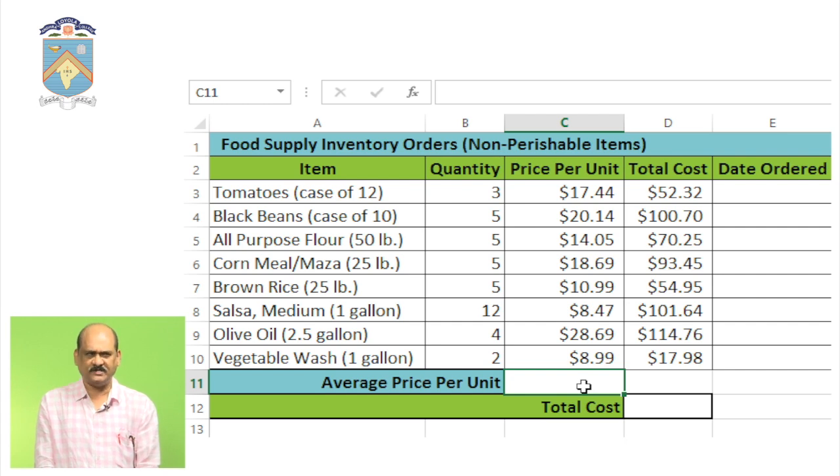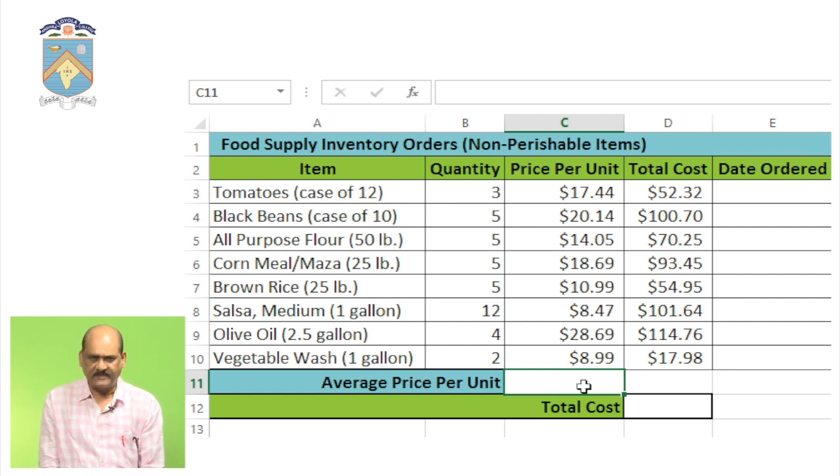The total cost is the multiplication of quantity and the price, and you get 52.32 as the total cost. All of these 8 items, quantities, prices, and the total costs are displayed in the worksheet.